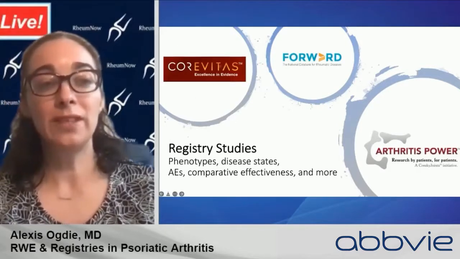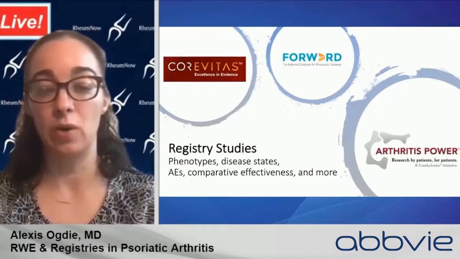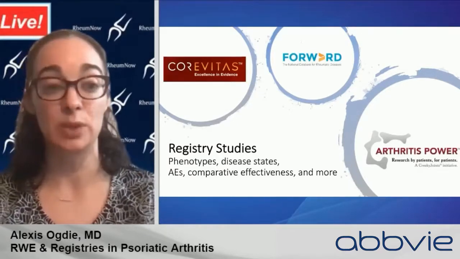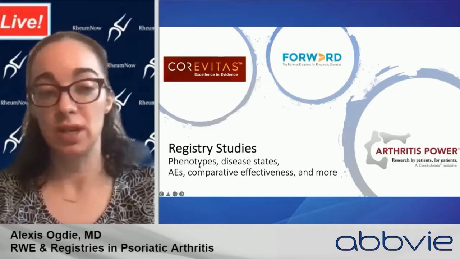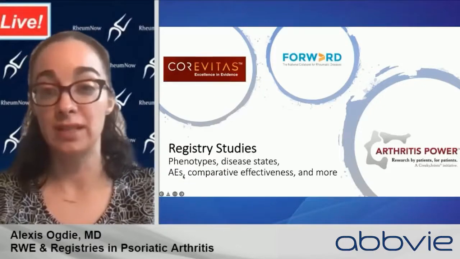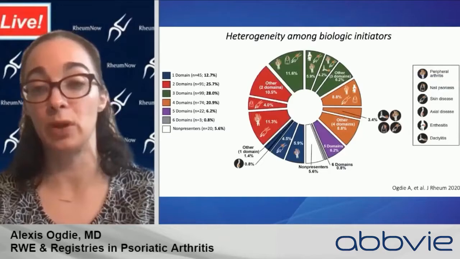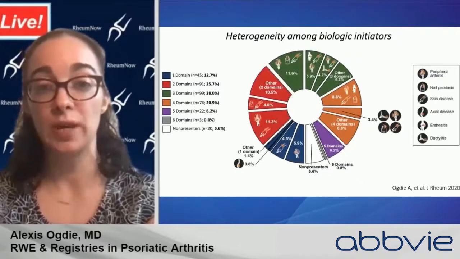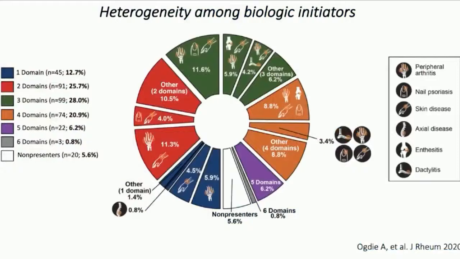Then we have a different type of registry, which is CorEvitas. There's a lot going on in the CorEvitas registry in terms of PsA and SpA. In general, registry studies can be used to understand phenotypes, disease states, adverse events, comparative effectiveness, and more. This is an example from the CorEvitas registry in which we examined the different types of phenotypes of patients with psoriatic arthritis.